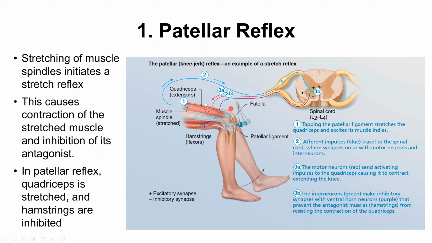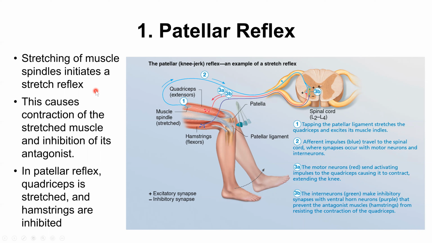And because of the connection of all of these structures, of all four of these structures, by hitting this tendon, you're actually stretching the muscle. And so the stretching of these muscle spindles is going to initiate what we call a stretch reflex.